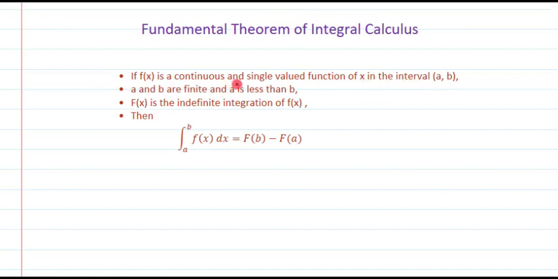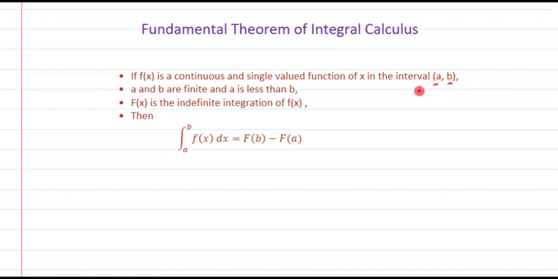So f(x) is a continuous function as well as single valued function in the open interval (a, b). This is the first thing that the function should satisfy. Number two, what are a and b? a and b are finite and a is less than b. We should always have that the lower limit is less than the upper limit.